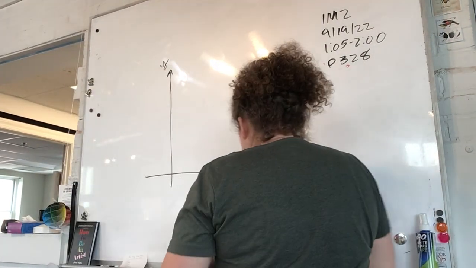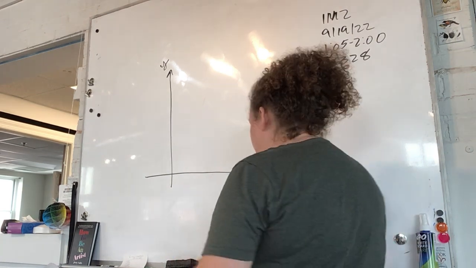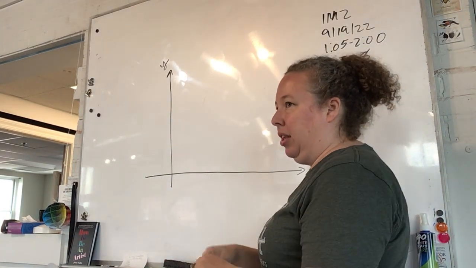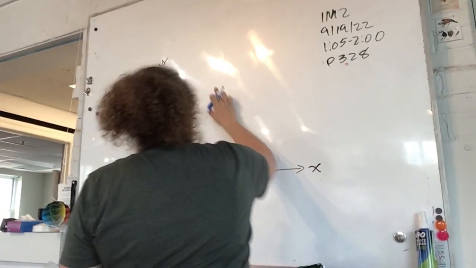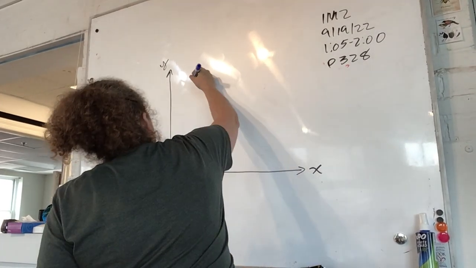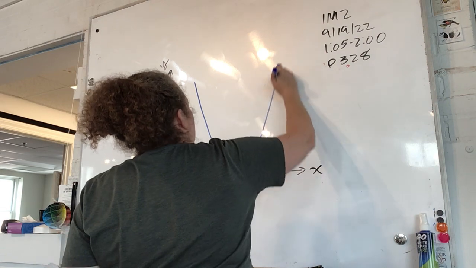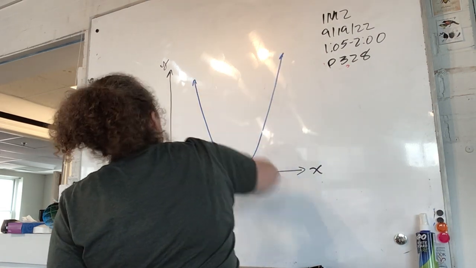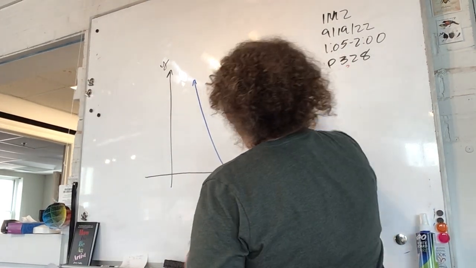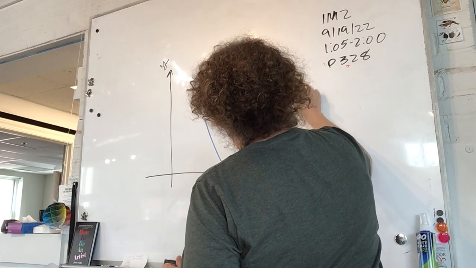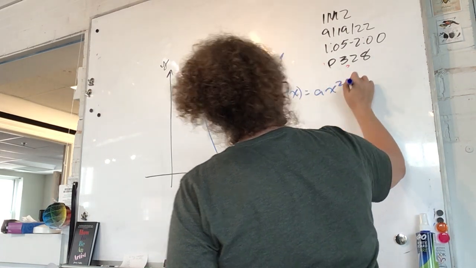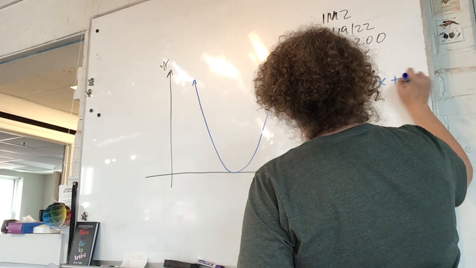So we're gonna look at something that we know is definitely a function, because it's one that we've been looking at in a few different ways. So here we have f of x equals ax squared plus bx plus c.